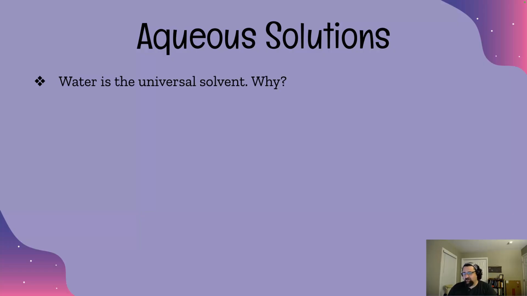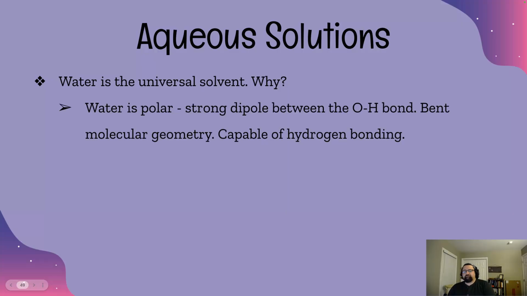So, leading us into aqueous solutions. Water is the universal solvent, and it's because water is polar. It has this strong dipole between those oxygen-hydrogen bonds, which allows these polar things to grab onto the things we're trying to dissociate.